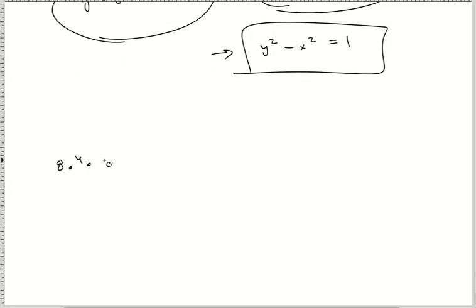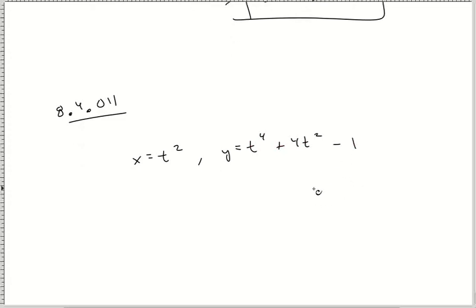Next problem, 8.4.011. I got x is equal to t squared. I've got y is equal to t to the 4 plus 4t squared minus 1. And they want to eliminate the parameter just like last time. Well, how I see it is I'm going to rewrite this y as t squared squared plus 4t squared minus 1.